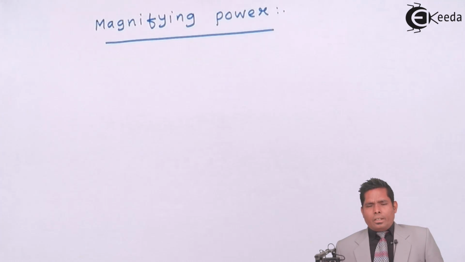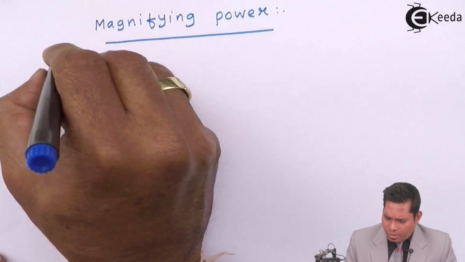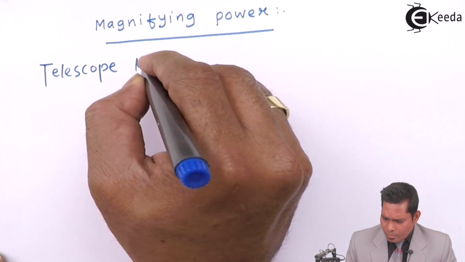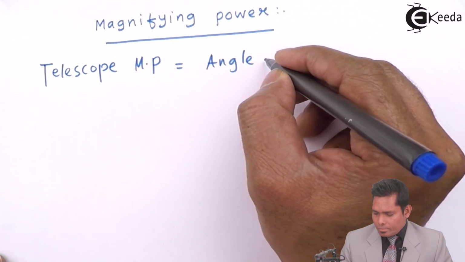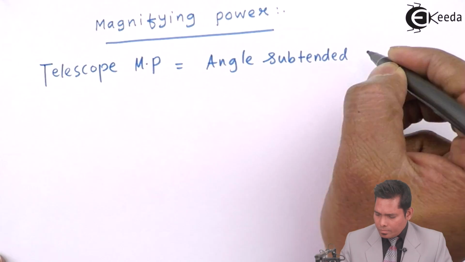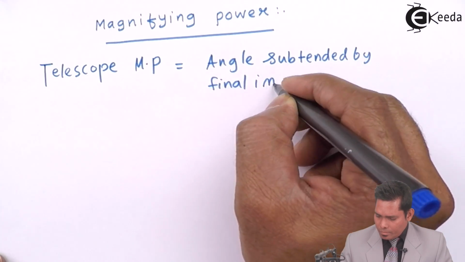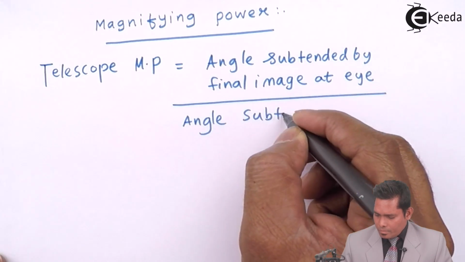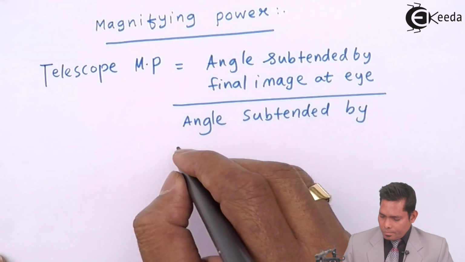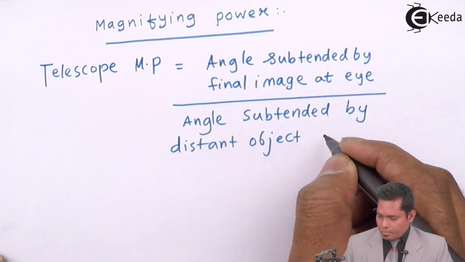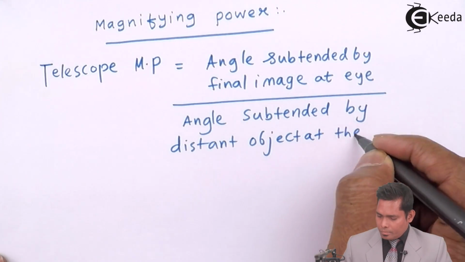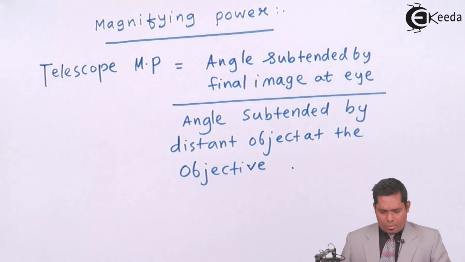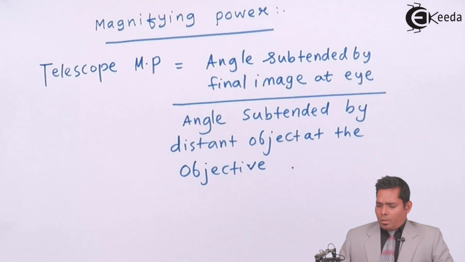So, in case of the magnifying power of telescope, this is the formula.